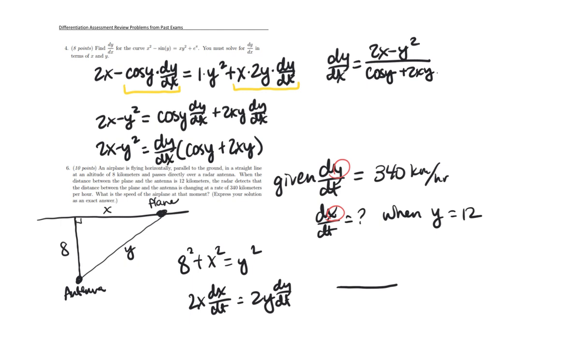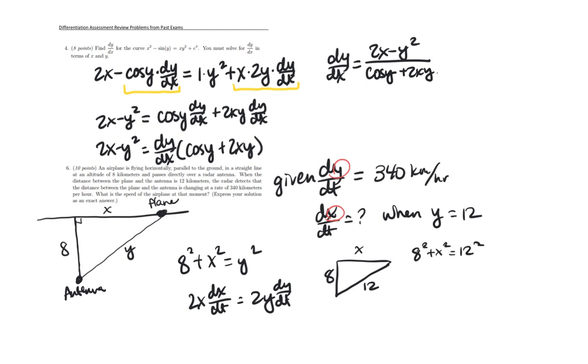Now I want to plug in values, but I don't know the value of x at this moment. So I can go ahead and draw a triangle. Let me move that. I can draw it here. So when this is 12 and this is 8, I can find the value of the missing side. So I know that 8 squared plus x squared equals 12 squared.